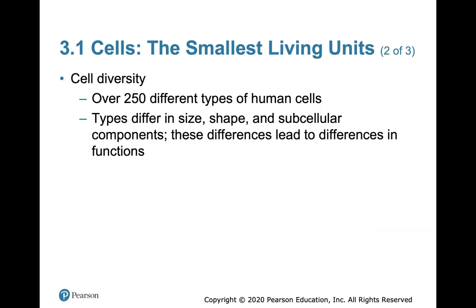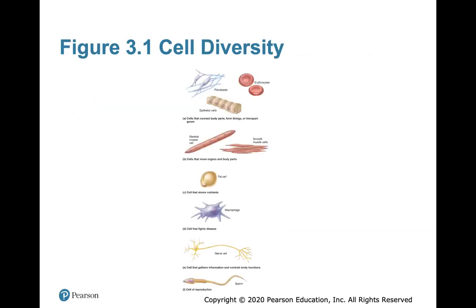So there's over 250 different types of human cells, and different size, shape, and components give rise to differences in their functions. So this is a look at some of the different types of cells in the body.